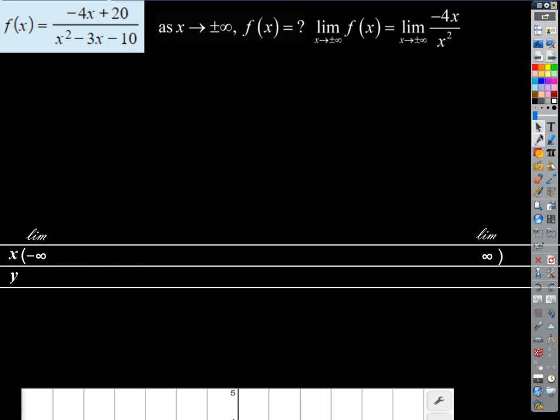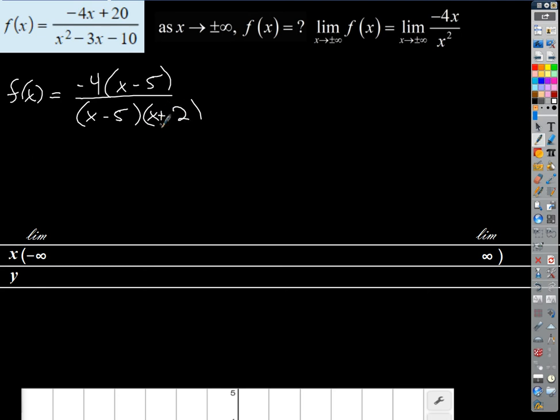So what's clearly the first thing we want to do with this rational function? Factor it. Factor the top and factor the bottom. On top, what can we factor out? -4, leaving us with the rest. The bottom factors into x minus 5 times x plus 2.